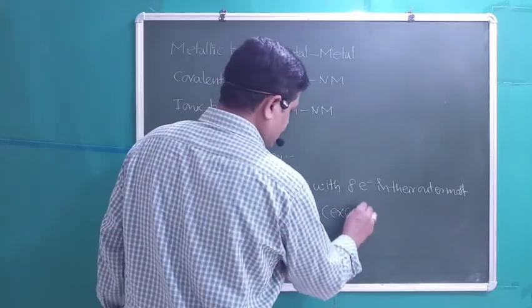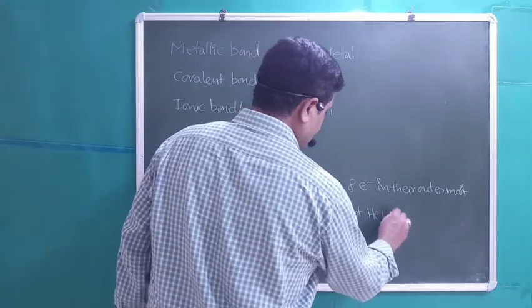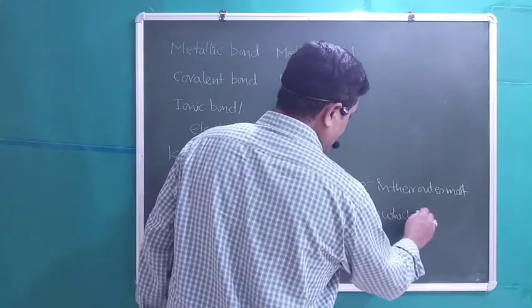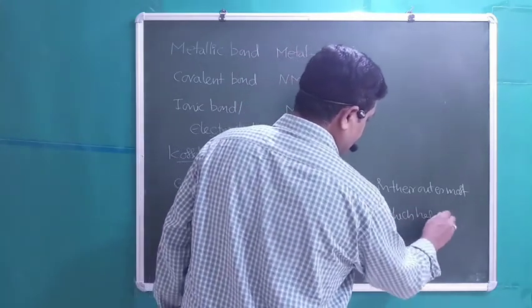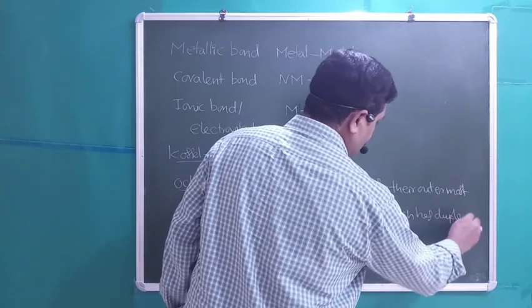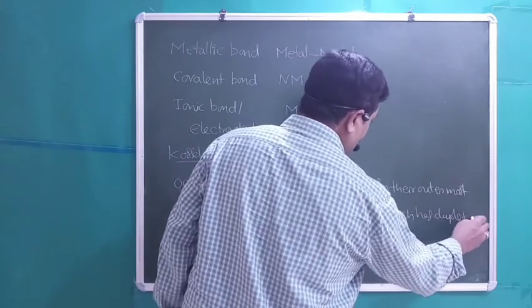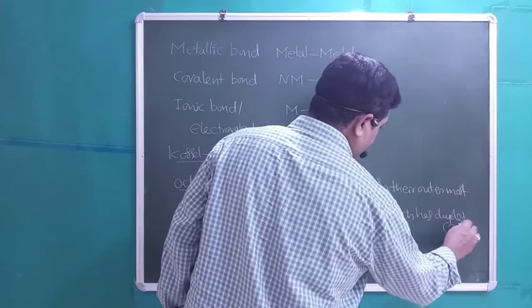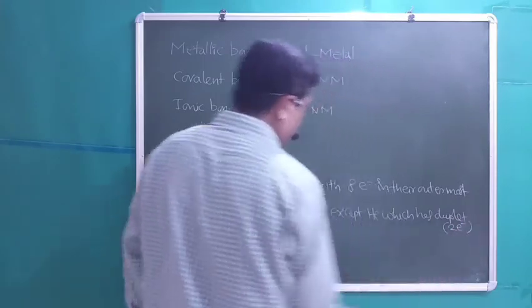Except helium, which has a duplet. Duplet means 2 electrons in the outermost shell.